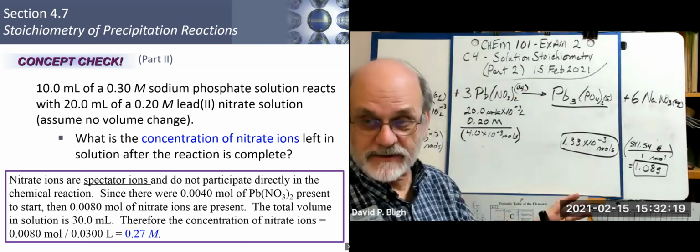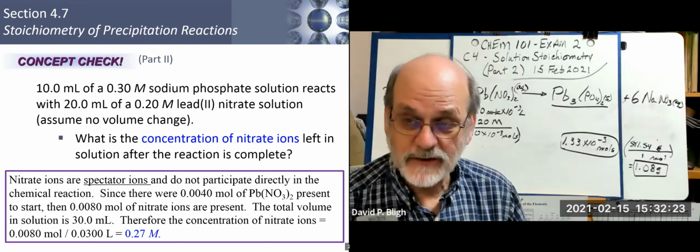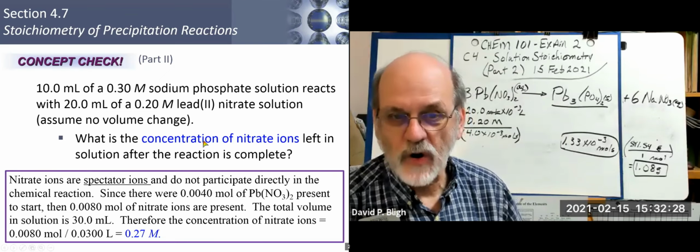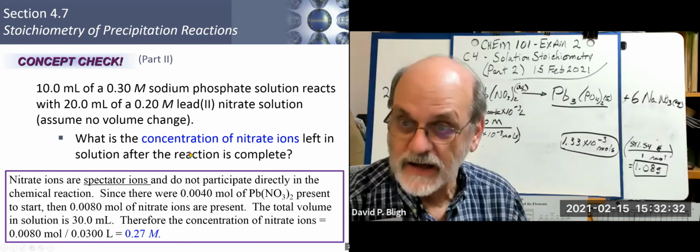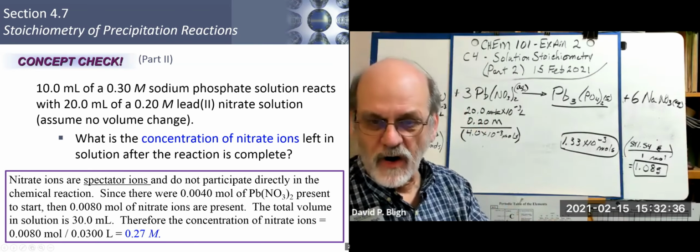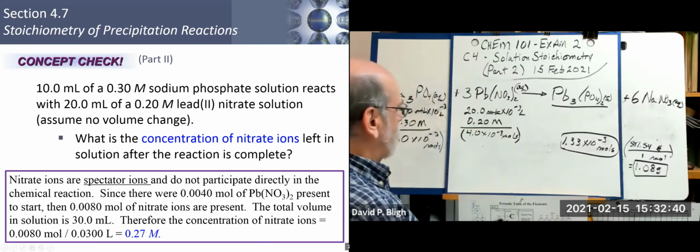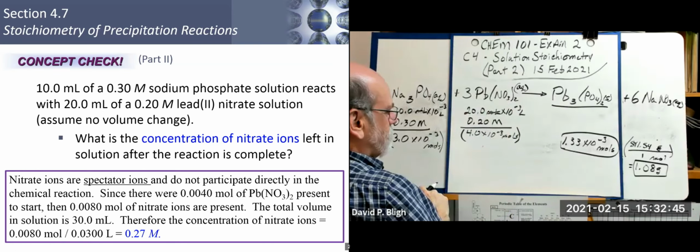Nothing has happened to them except they stay in solution. So the only thing that's happened to the nitrates is now they're in more volume than they were before. Right? They started out in 20 milliliters of volume, and now they're in 30 milliliters of volume. So we just need to find out how many there are and divide by the total volume.